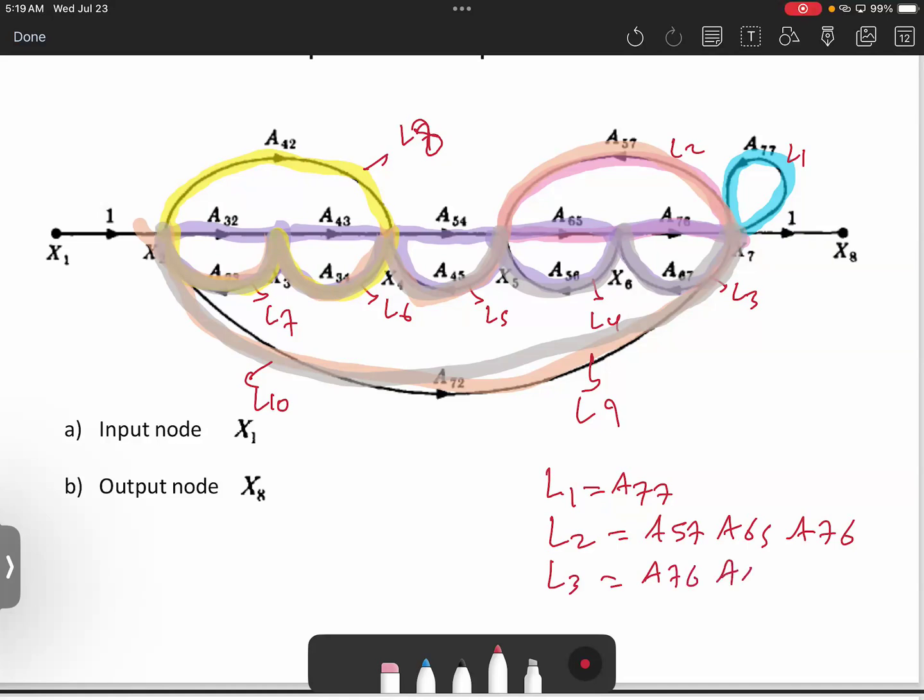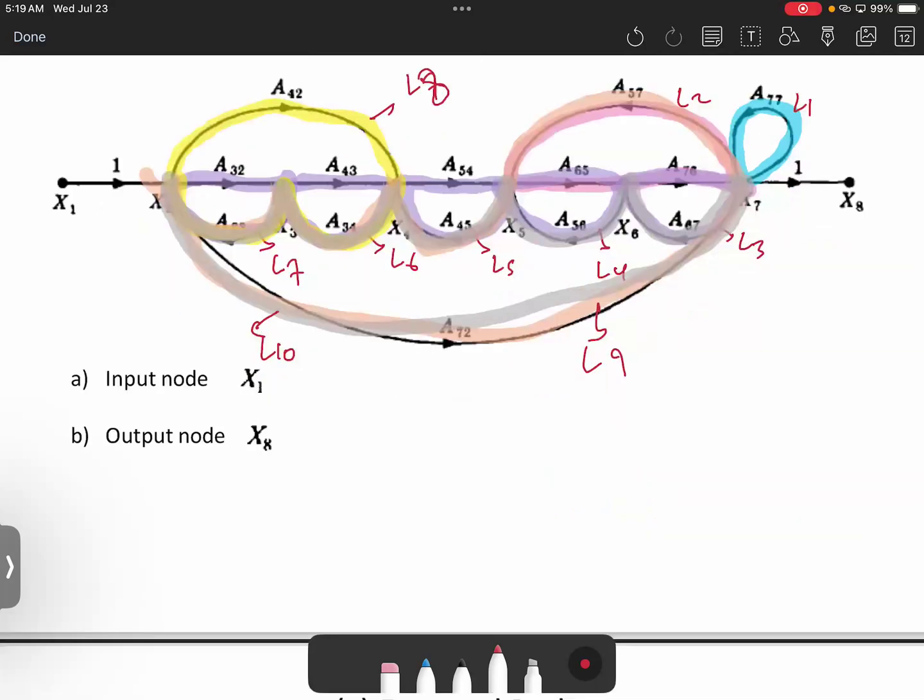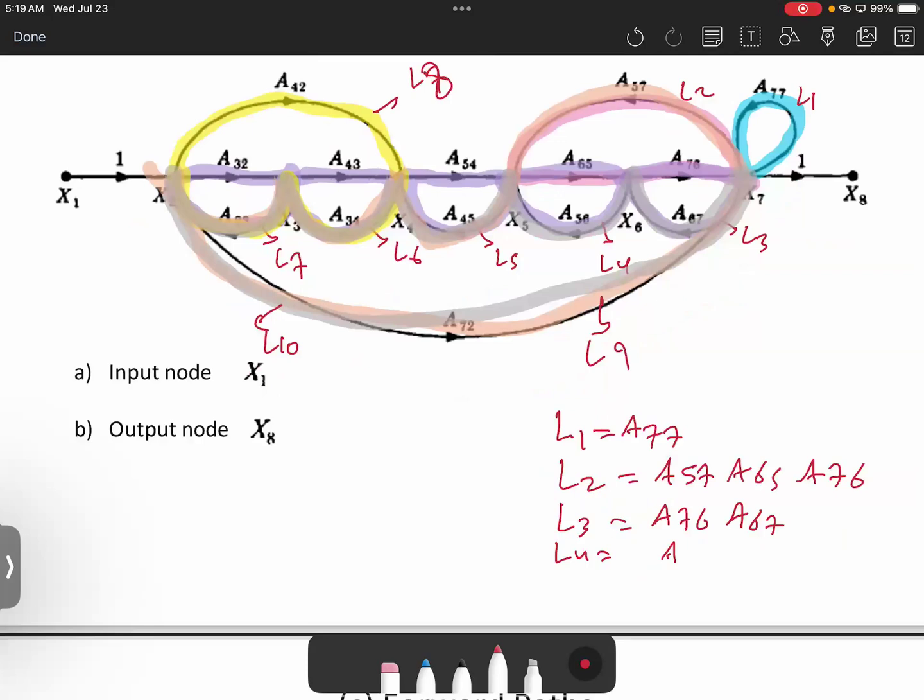A76, A67. How about number 4? A65, A56. How about number 5? A54, A45. How about loop number 6? Say that again. Loop number 6, A43, A34.